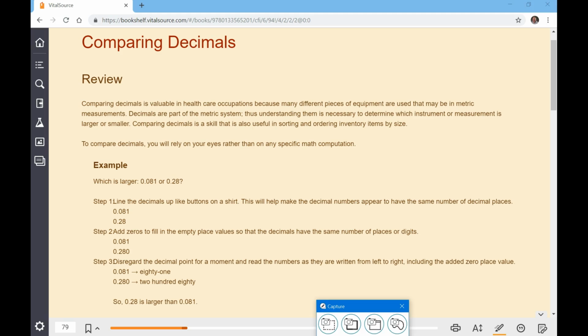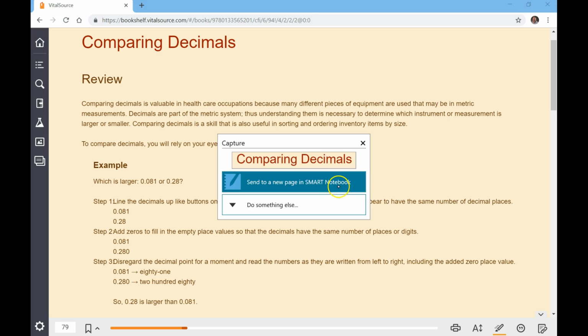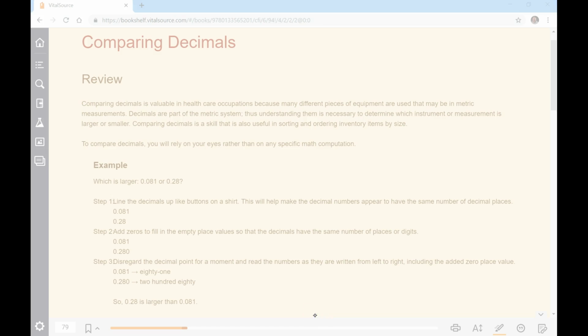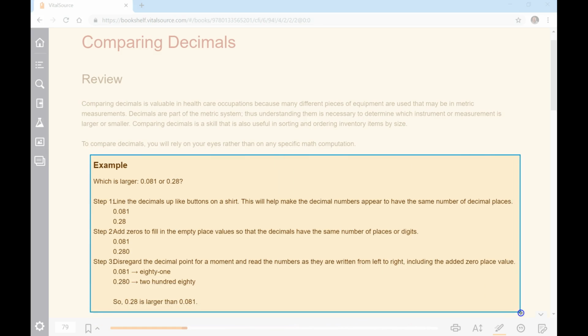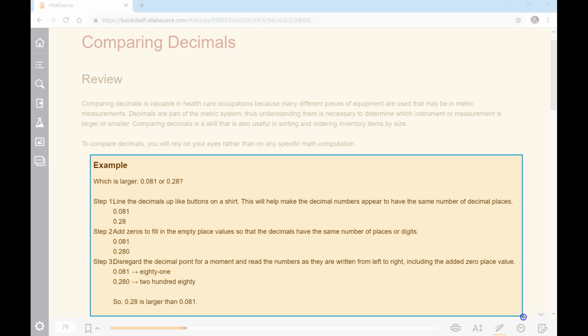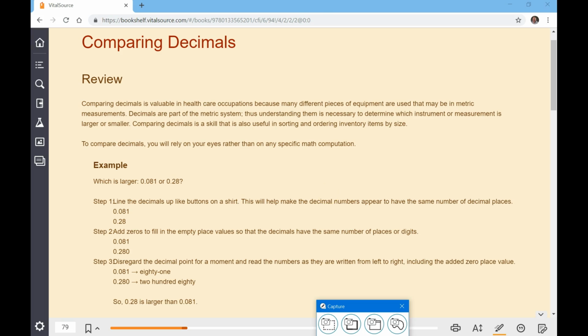So let's have a little chat about comparing decimals. We'll look at this example I have in our book first.